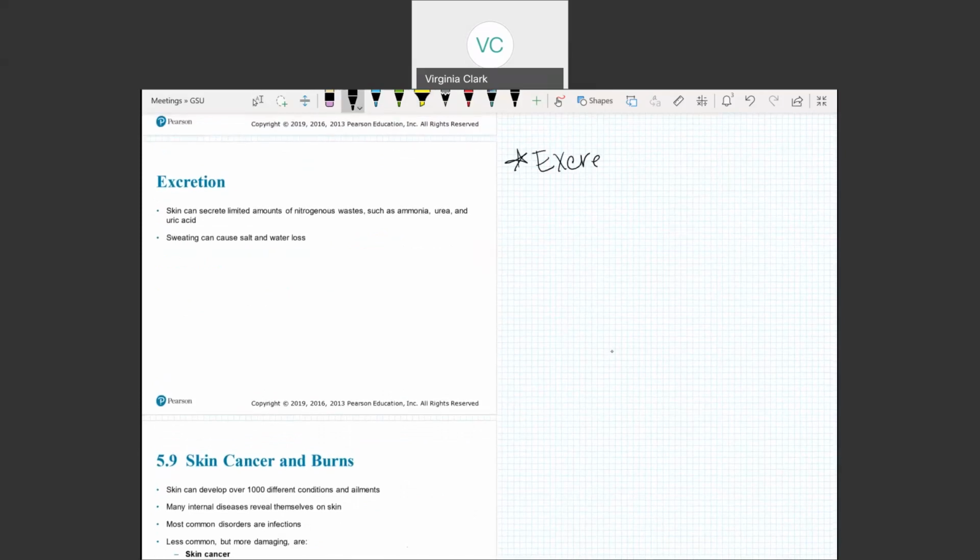So this is going to be the production and release of a product. Sorry, that's secretion. Excretion is going to be the release of waste material. This is where we're getting rid of byproducts of producing other things, cell metabolites. This is going to be our waste material, primarily made of nitrogen waste.